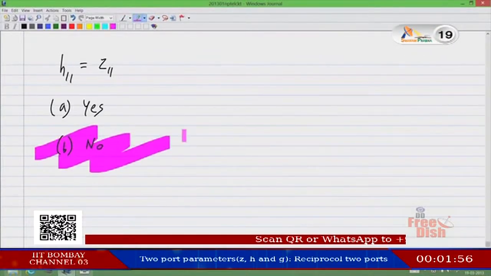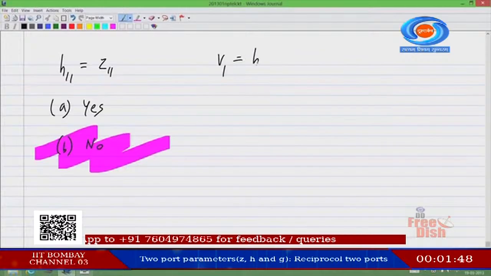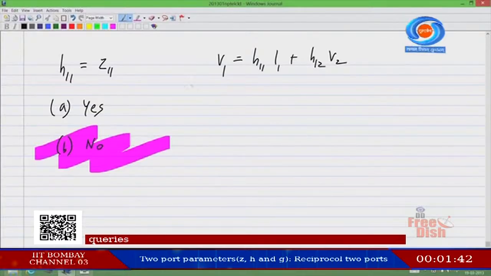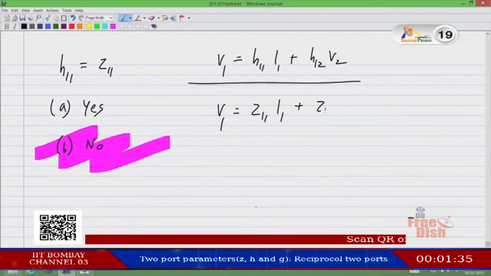So the answer is no, it's not the same, because if you think about it, V1 is H11 I1 plus H12 V2 in terms of H parameters, and V1 is also Z11 I1 plus Z12 I2.